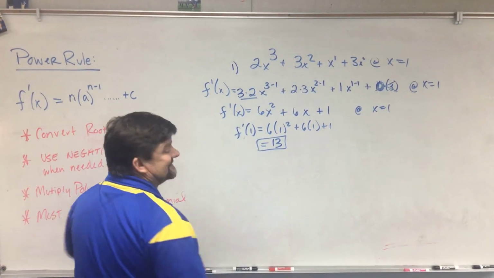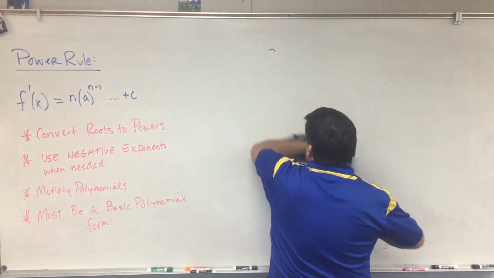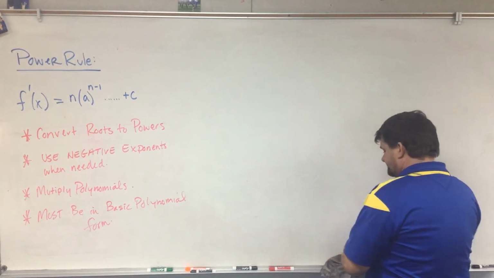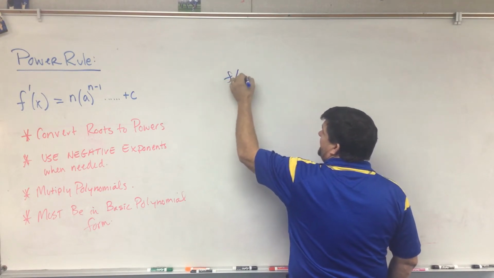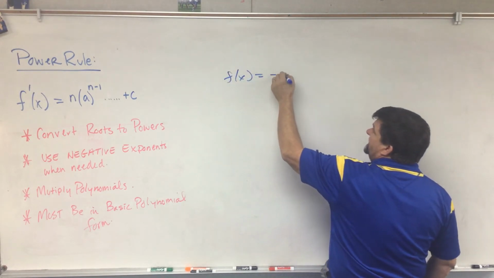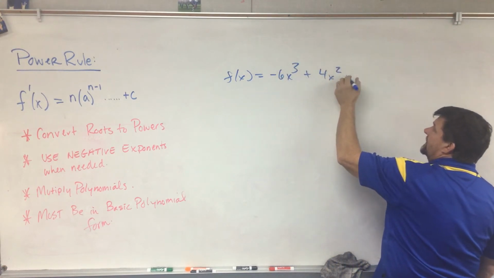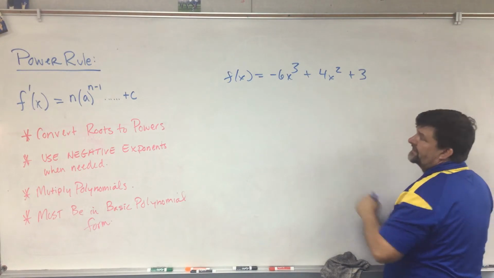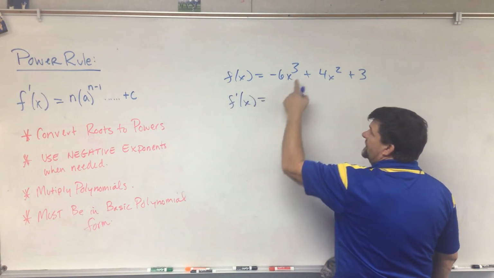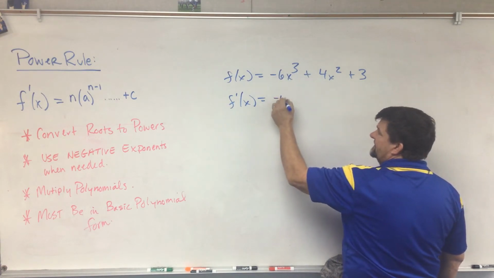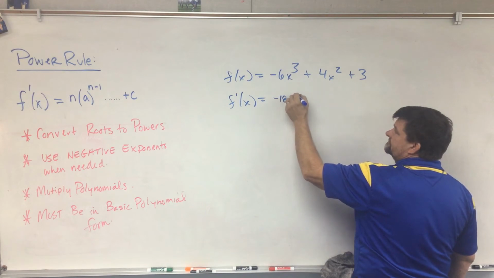So the definition of a derivative with a limit. Let's just put another one up there real quick. So that was a long way to do it. If you get something like f of x is equal to negative 6x cubed plus 4x squared plus 3, we need to find f prime. 3 times negative 6 is negative 18. 3 minus 1 is 2.